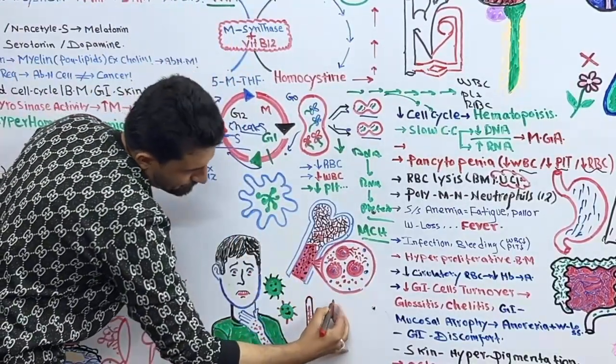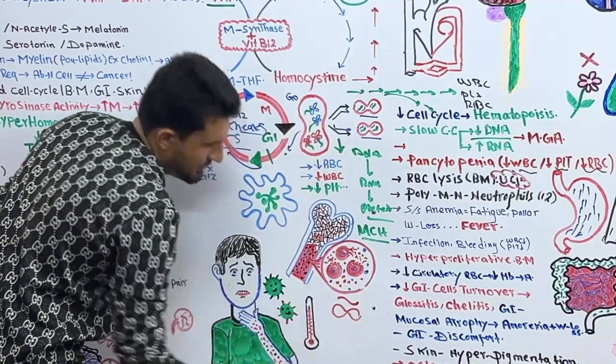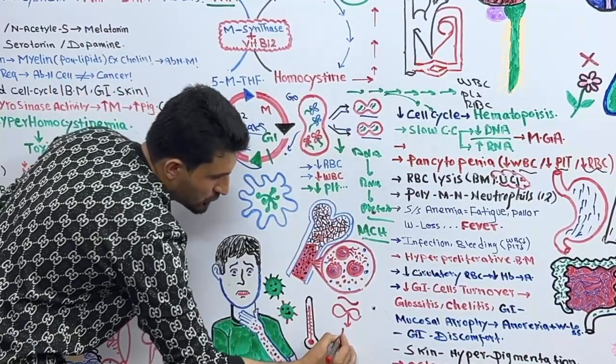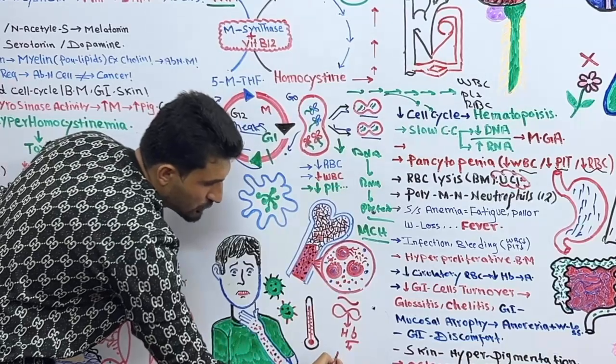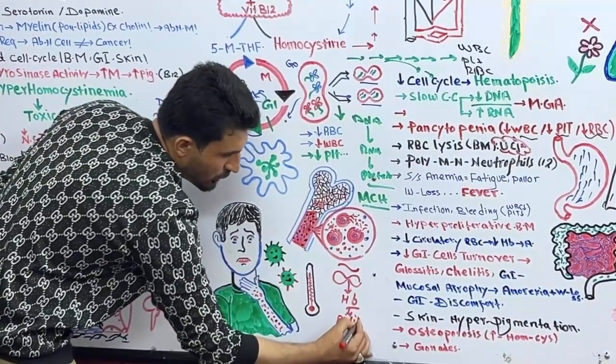We know that, for example, this is an RBC. When we lyse RBC, we lyse hemoglobin, and when we lyse hemoglobin, a product will be produced which is called bilirubin.